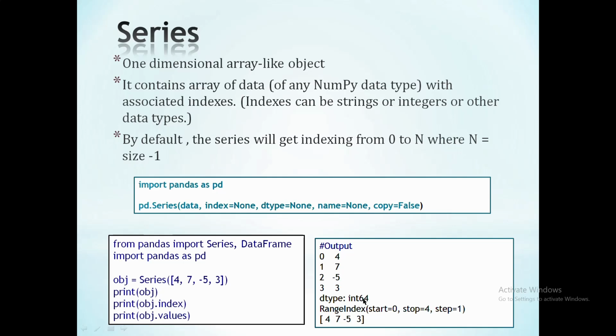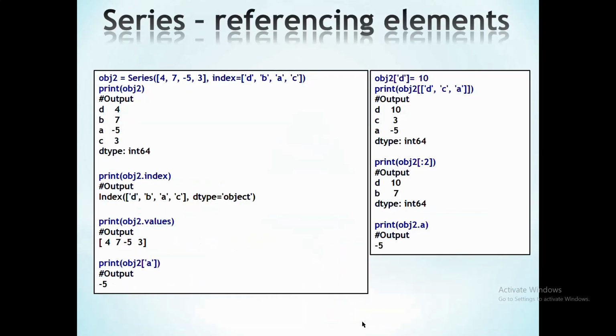It depends on the version of Python. Then the last one is the object dot values. Here the values are the input we have given while creating the series, that is 4, 7, minus 5 and minus 3.